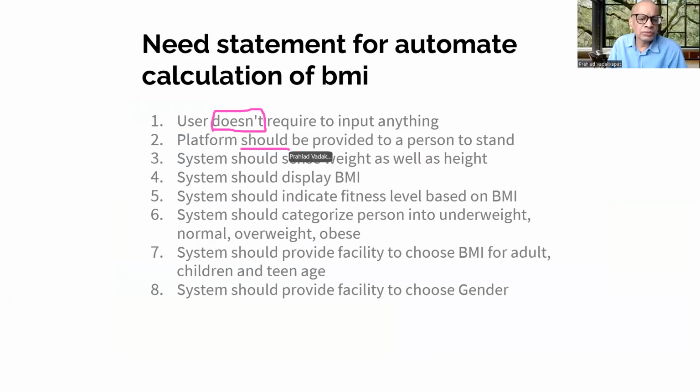Apart from the person's height, there is BMI. Whether to display BMI or not, there are good and bad aspects, because displaying that may be embarrassing for the student at that time or for others. Fitness level, so we need to see how that can be done.